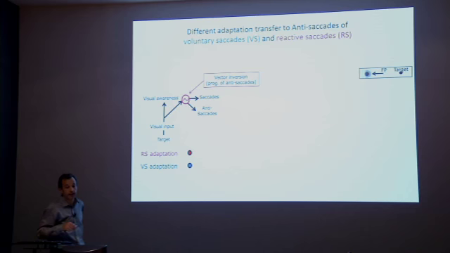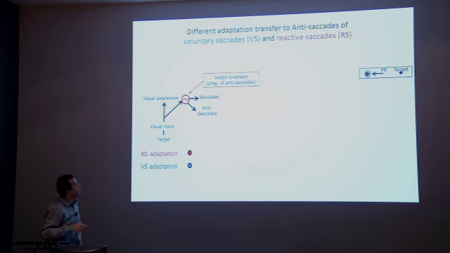adaptation to anti-saccades. So why anti-saccades? In the anti-saccade task, the subject is presented with the visual target, let's say on the right, and has to respond to the opposite side, towards its mirror location. So this task allows us to dissociate a visual vector pointing towards the target from a motor vector, which is pointing in the direction of the movement performed by the subject.